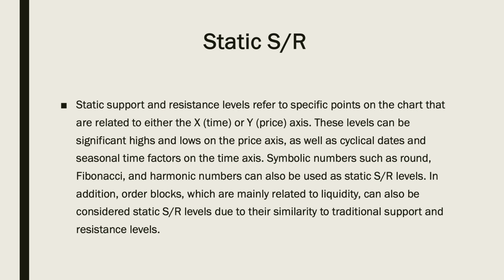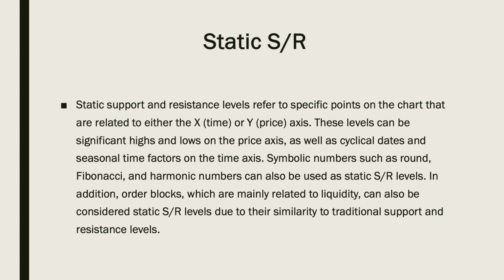Static support and resistance levels refer to specific points on the chart that are related either to the time factor or the price factor. These levels can be significant highs and lows on the price axis, as well as cyclical dates and seasonal time factors on the time axis.